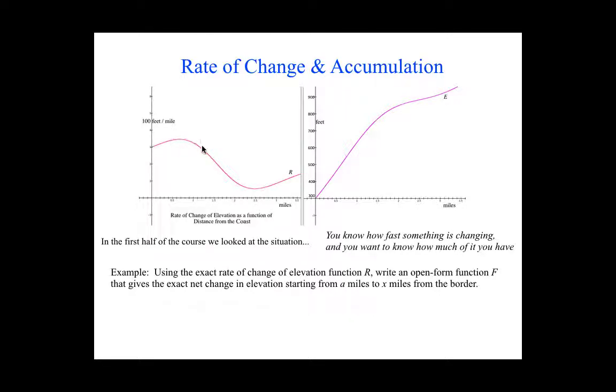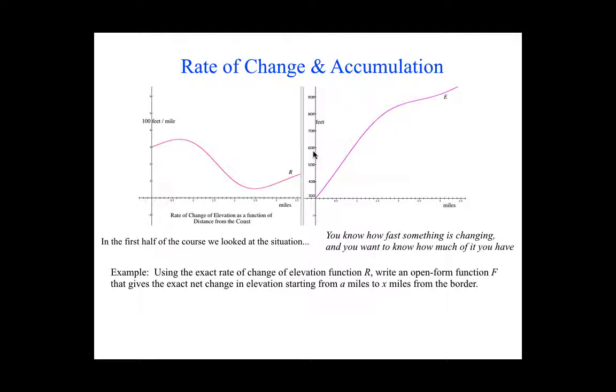By the time I'm a mile in from the coast, it's a little bit lower than that. By the time I'm 2.5 miles in from the coast, the elevation is still increasing, but only at a rate of less than 100 feet per mile. And then the elevation increase begins to go up again. So this is a picture of the elevation as they go from the coast inland.